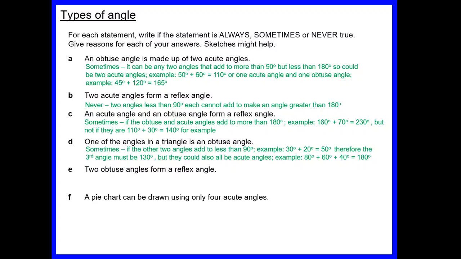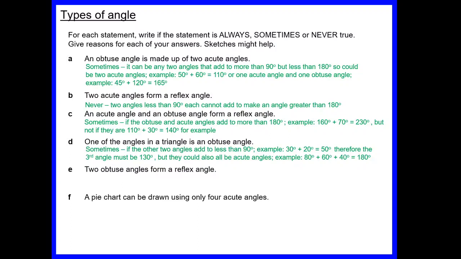Therefore, the third angle would need to be obtuse, 130 degrees. But if we had an acute angle of 80 plus another acute angle of 60, then we could add another acute angle of 40 to get 180 degrees in our triangle. So we could have three acute angles making a triangle as well.